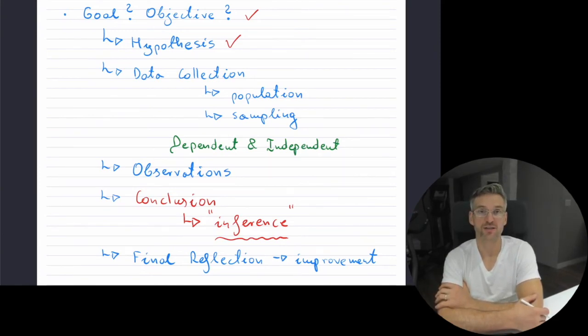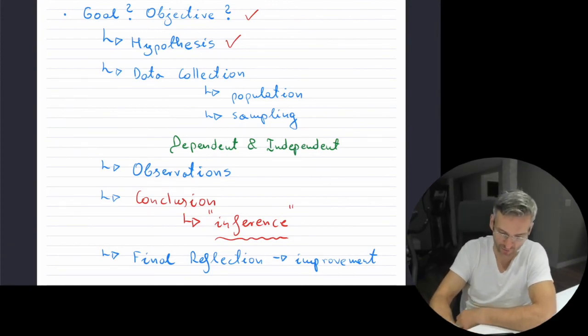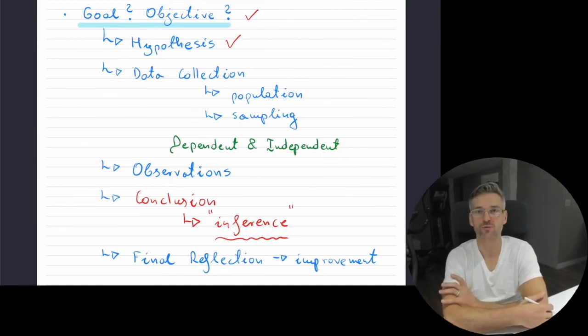Math is a tool to apply to problems or goals and objectives that we have, as I mentioned right here. So remember that we have a goal or an objective ultimately. You just don't want to do numbers just for the sake of numbers, unless that's what you fancy.